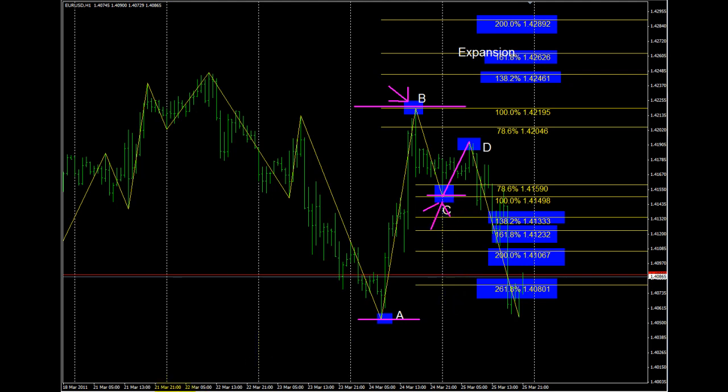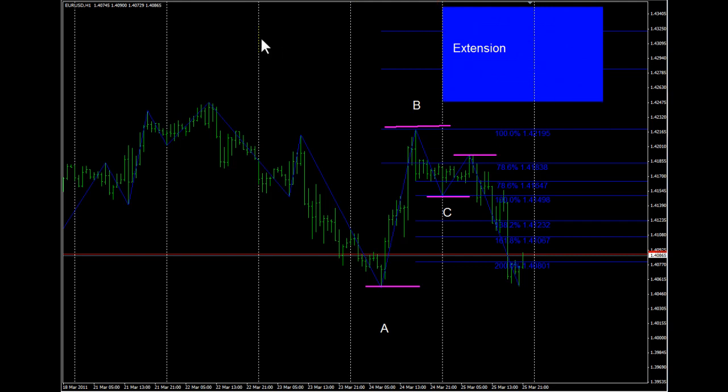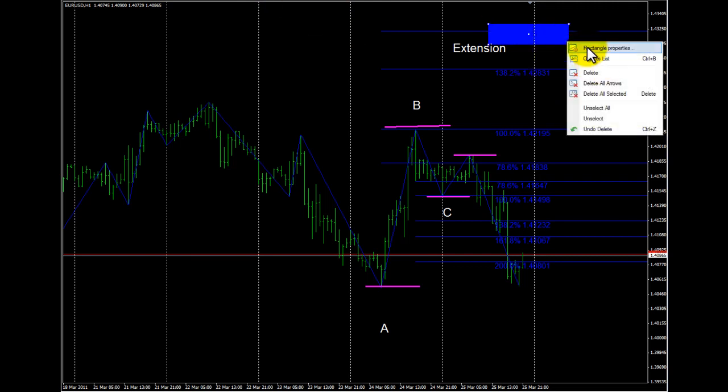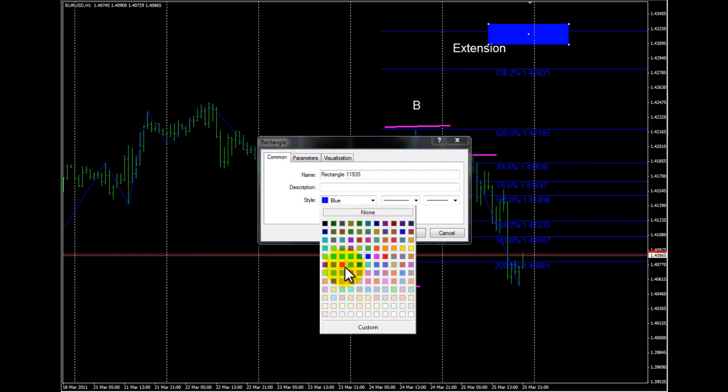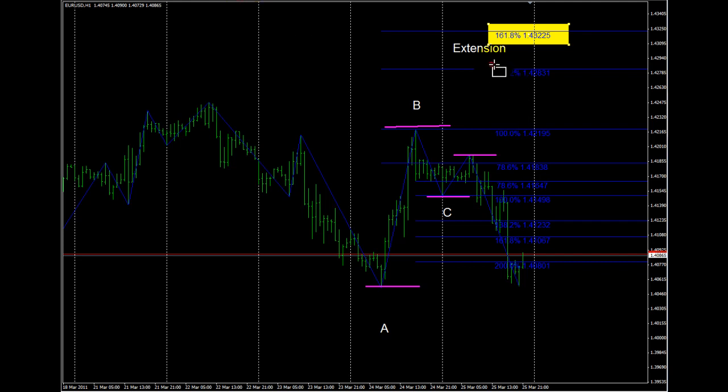All right? Now, for extensions, we are taking the range of the A and B and then adding it to the B to get the upwards projections. No, that didn't work. All right, let's use a different color. We'll make that yellow. Okay. In here, and we're adding it to this point.